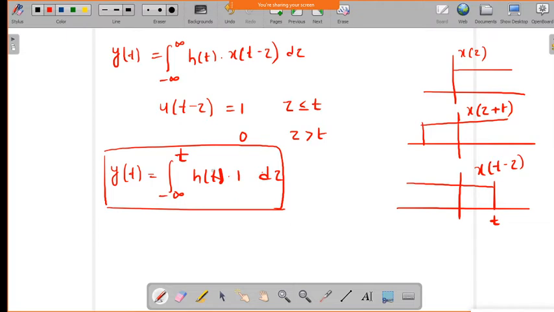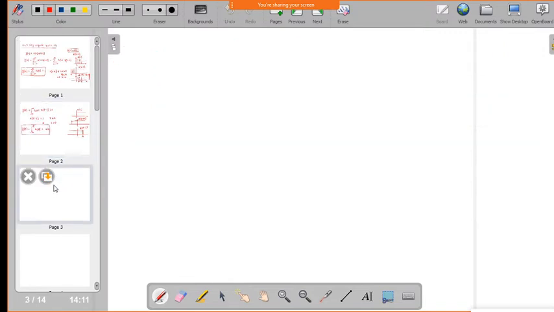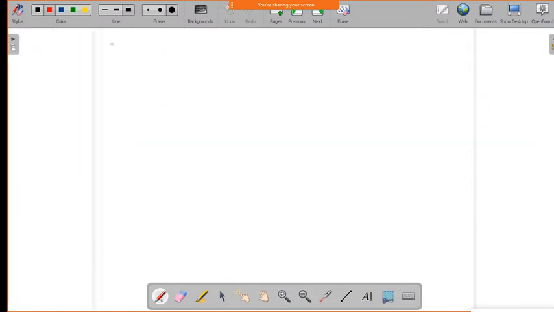Now, we will do some problems on this, as well as the properties of the system. So, now take the problem h of t equal to 3 into del of t.